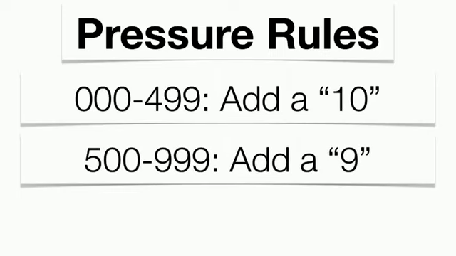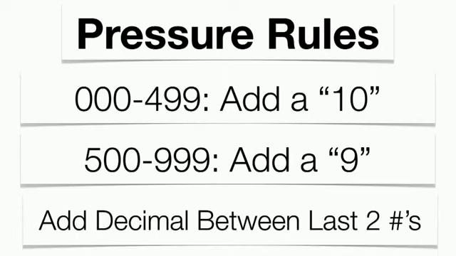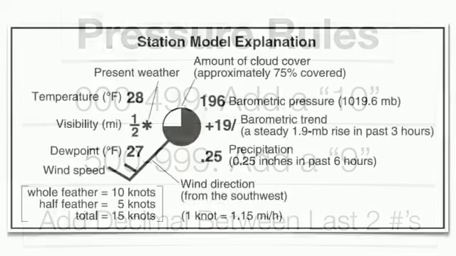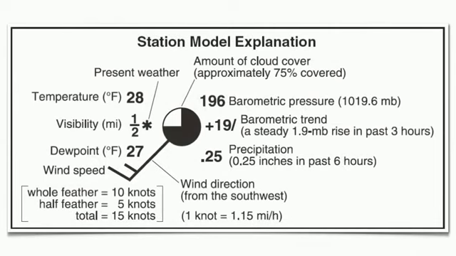If your number is between 500 and 999, you're going to put a 9 in front of your value. Then you're going to put a decimal in between the last two numbers. That'll give you your entire pressure from that station model. In this case, your example there is 196. That's between 000 and 499. So you're going to put a 10 in front and a decimal between the 9 and the 6. So your pressure there is 1,019.6 millibars.